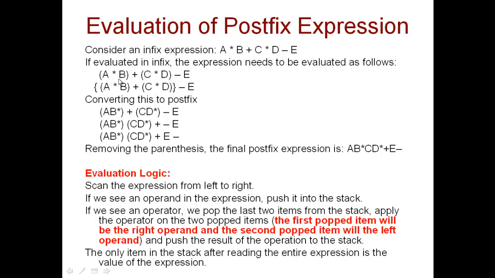We'll do A star B first, then C star D, then add the result of these two multiplications, so we'll put another parenthesis to indicate that, and then minus E. A star B is going to be one value, C star D is going to be one value, so one integer plus another integer, minus E. That's why we break the tie between plus and minus in favor of plus, because we break the tie from left to right.